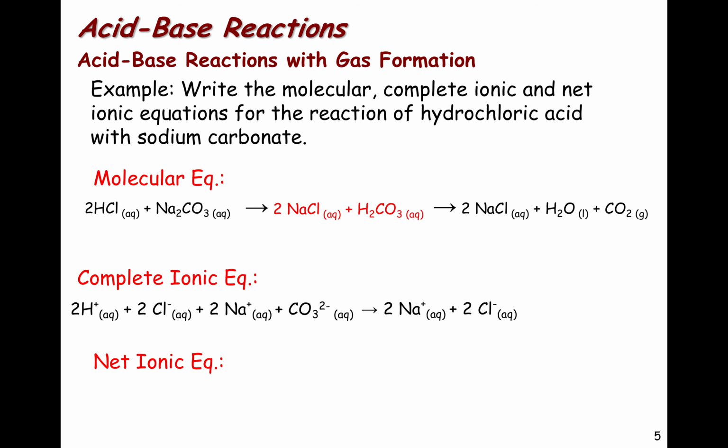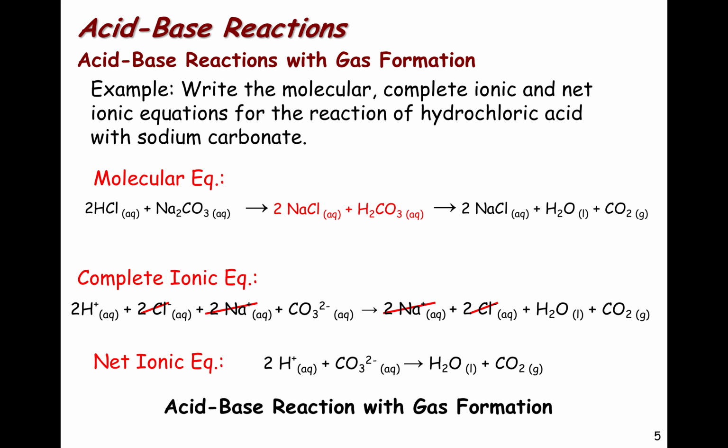The product, sodium chloride, is a strong electrolyte, but water and CO2 are molecular species, and they remain together. We can notice that we have spectator ions in this case. The sodium and the chloride ions can be canceled. And then when we write our net ionic reaction, we have 2 hydrogen ions plus carbonate forming water and CO2.